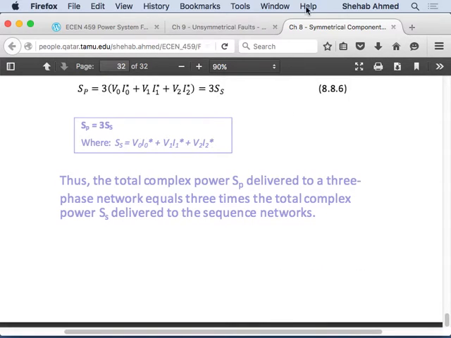So this wraps up chapter 8. Chapter 8 is really nothing but, build the sequence circuits. It doesn't really tell you what you do with them. Now we'll see with the next chapter, we'll apply what we've learned to a useful problem, actually.